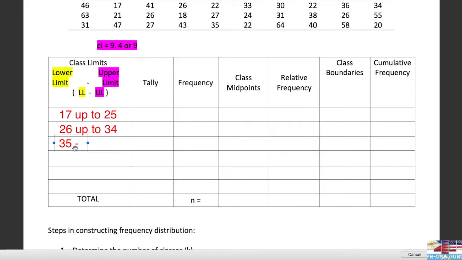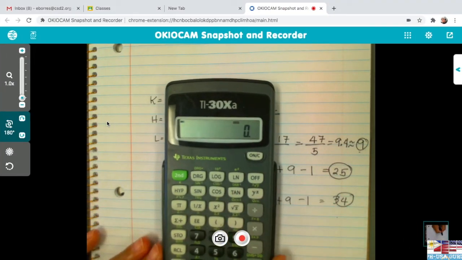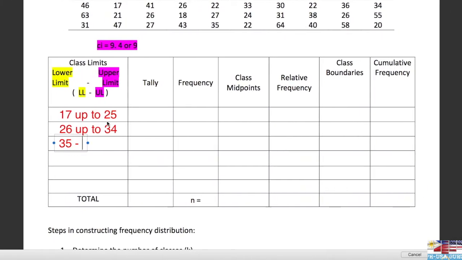This will be 35. Now, you don't need to add and subtract 1 always. I want you to look at the difference between 26 and 17, between 35 and 26, between 34 and 25. We will get the difference between 26 and 17.